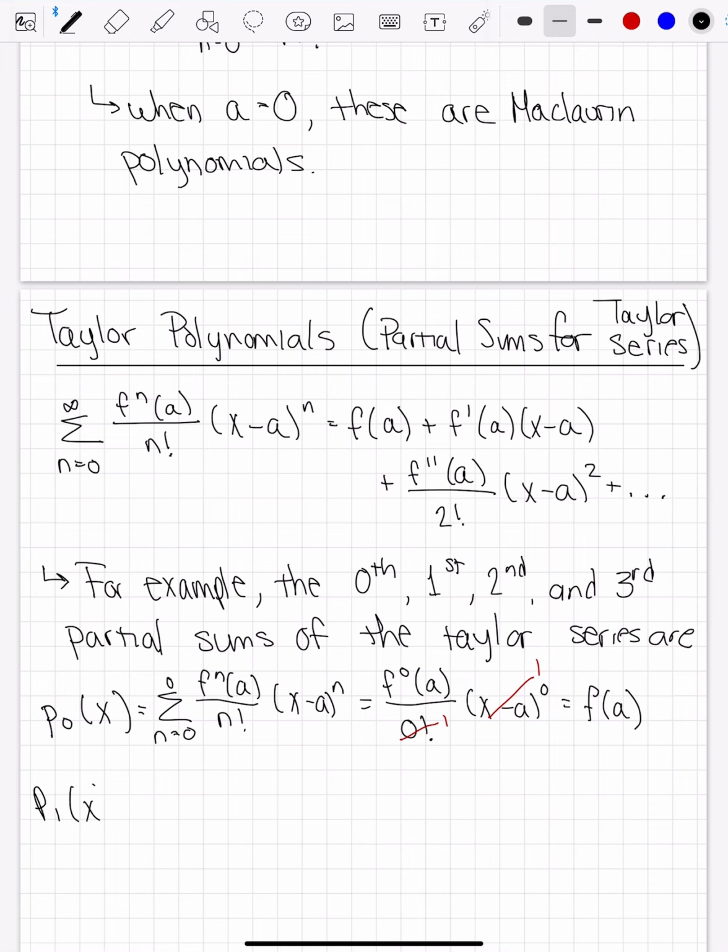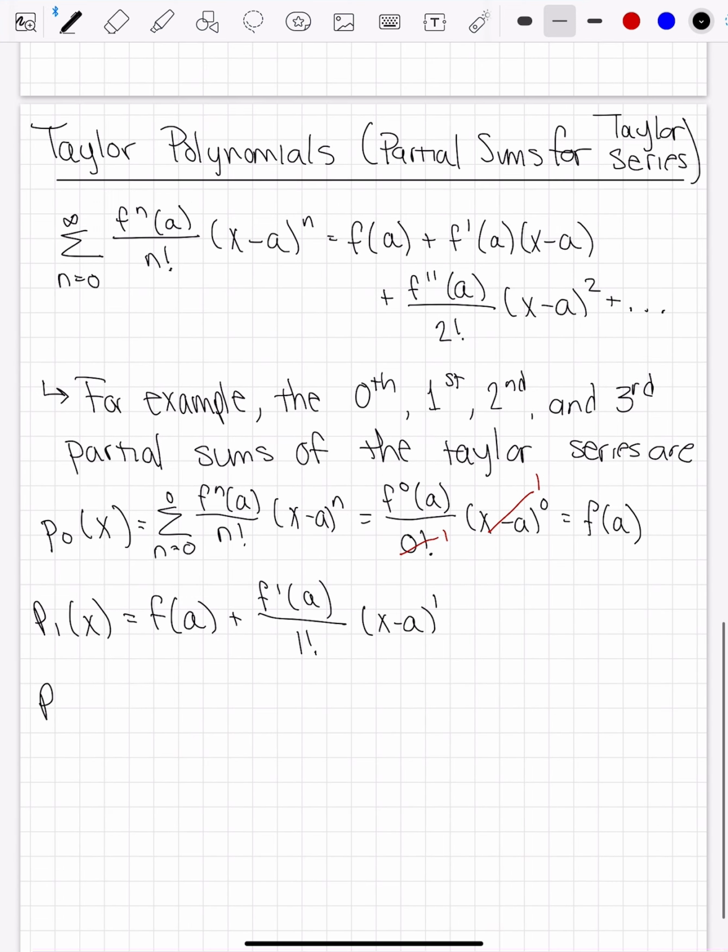P1 of x is going to be the first two terms. The first term I got was f of a. Now I need to add in when n is 1. So P1 of x simplifies to f of a plus f prime of a times x minus a, because 1 factorial is also 1.